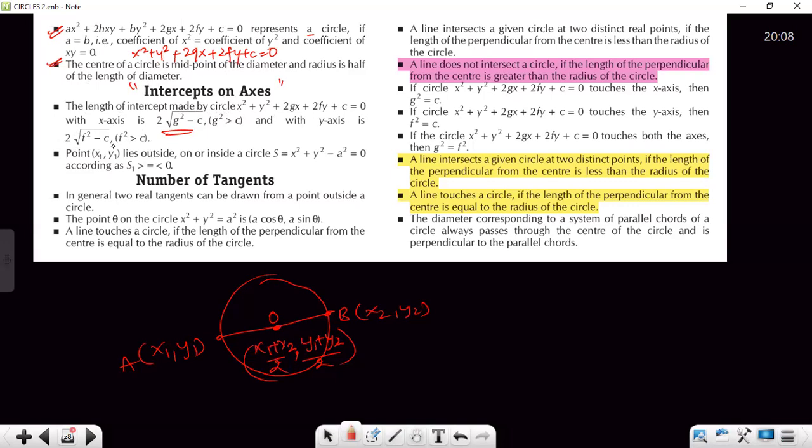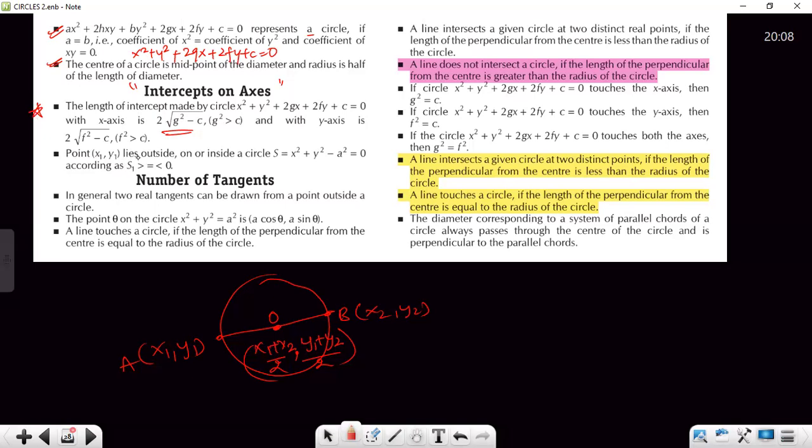If that is not the case, the circle is not intercepting that particular axis. If g square is less than c, then the circle is not touching the x-axis anywhere. These are important. Memorize.